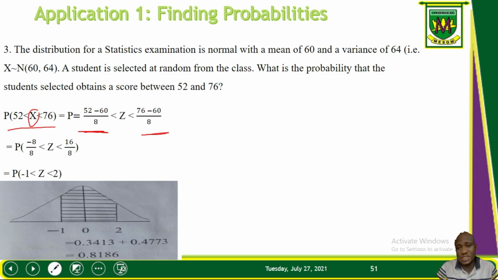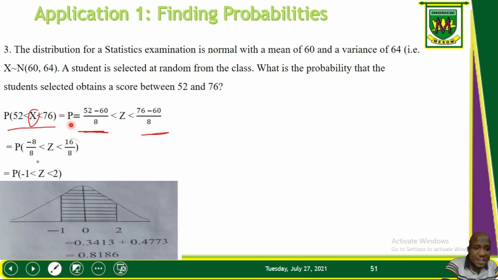And remember how we got the standard deviation. Remember I said since we have the variance, we just find the square root of the variance, which will be 8. So you work in isolation. 52 minus 60 will be negative 8, over 8. Then the other part will be 76 minus 60 over 8, which is 16 over 8.